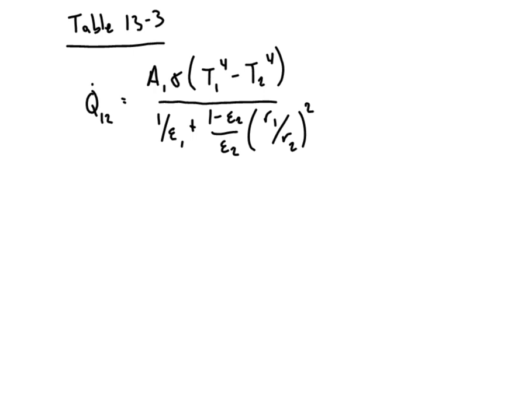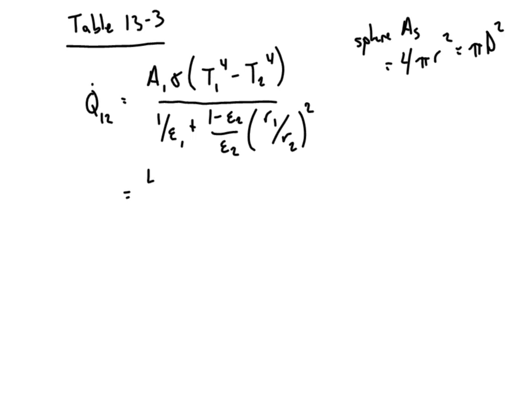So we'll start to plug in all of our values, and our surface area, A1, so the surface area of a sphere is equal to 4 pi r squared, or this is equal to pi d squared. Okay, we'll use both of those.